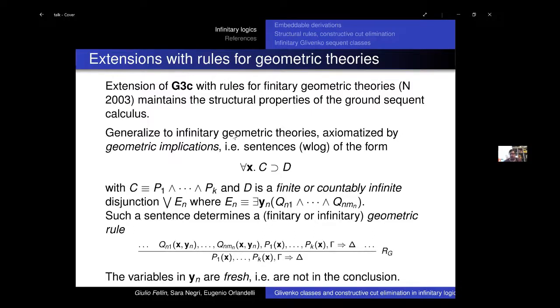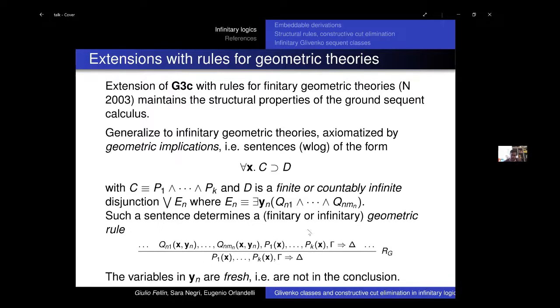And we can consider infinitary geometric theories, which are axiomatized by geometric implications, which are sentences of this form: the universal closure of C implies D, where C is a finite conjunction of atomic formulae, and D is a finite or countably infinite disjunction of expressions of this form. Okay, so such a sentence can be expressed as a rule this way.